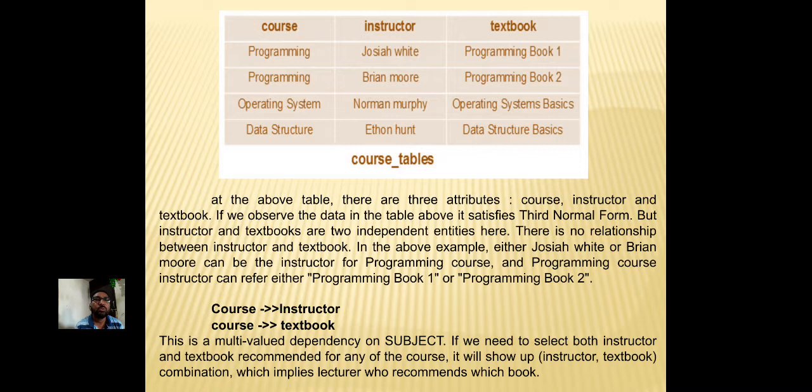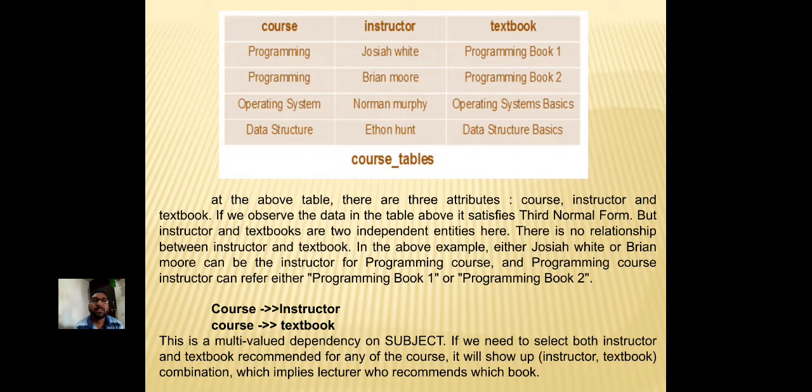There is no relationship between instructor and textbook. In the above example, either Joyce White or Brian Moore can be the instructor for the programming course, and the programming course can refer to either programming book 1 or programming book 2.